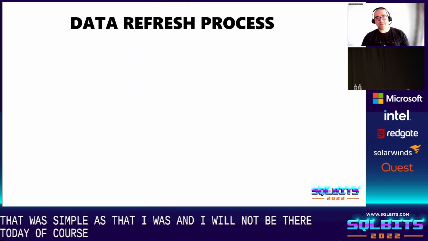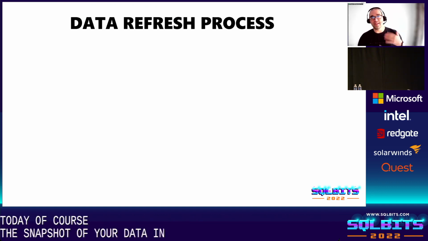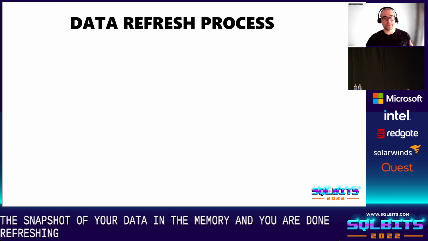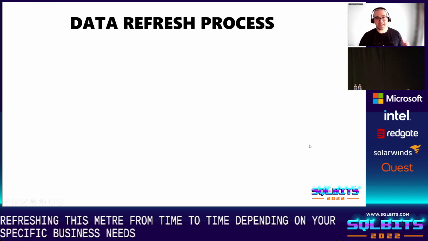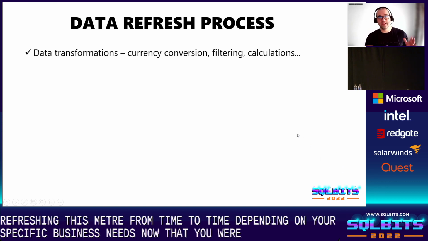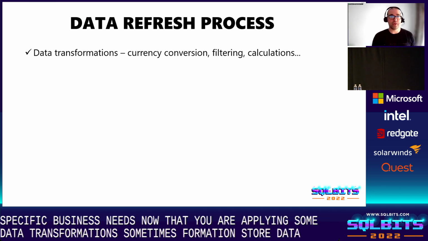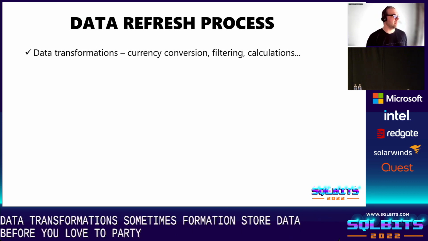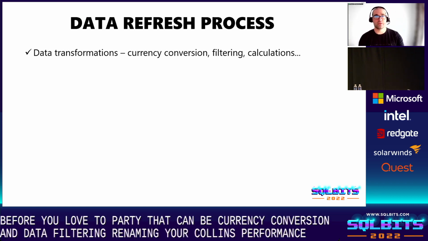As I already explained, VertiPaq keeps the snapshot of your data in memory, and you are then refreshing this snapshot from time to time, depending on your specific business needs. Now, chances are that you are applying some transformations to your data before you load it to Power BI. That can be currency conversion, data filtering, renaming your columns, performing different calculations, and so on.